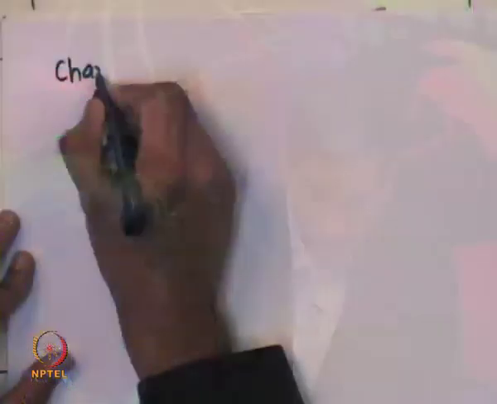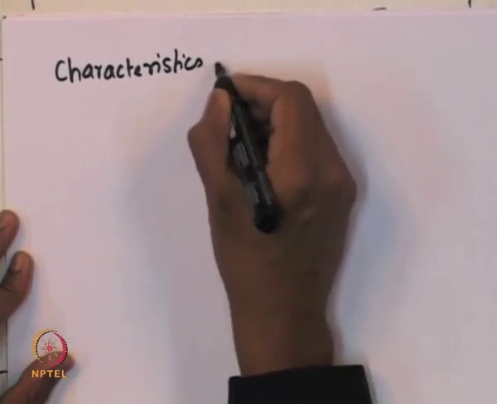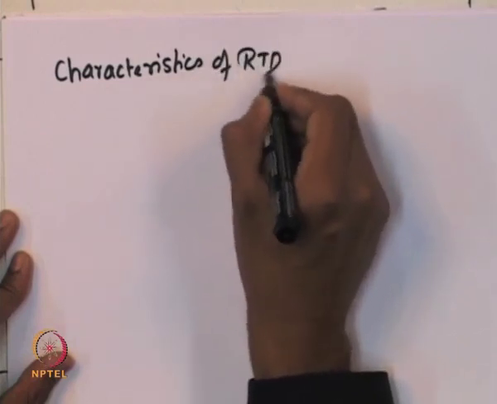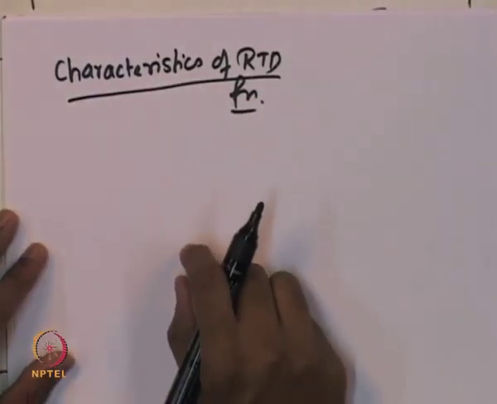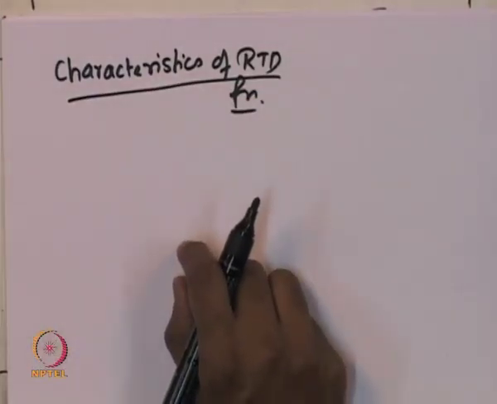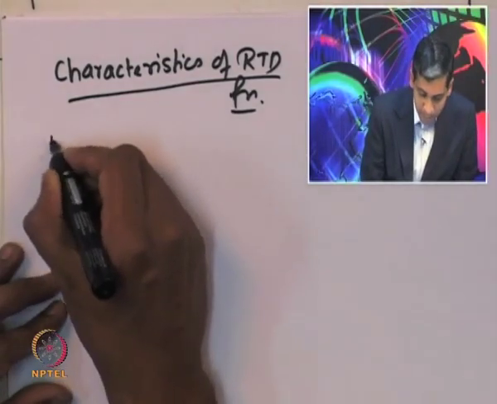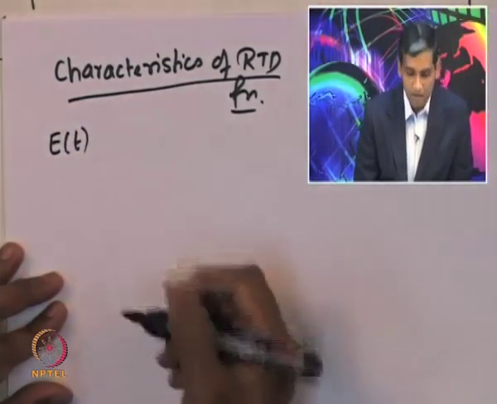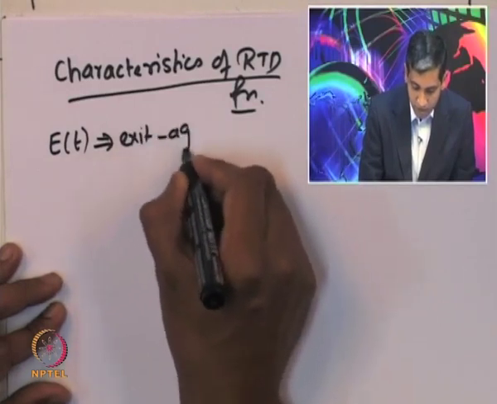So, we can now estimate the characteristics of the RTD function, which may provide some clue about the behavior of the reactor itself. Suppose E(t), which is the RTD function, is also called the exit age distribution function.